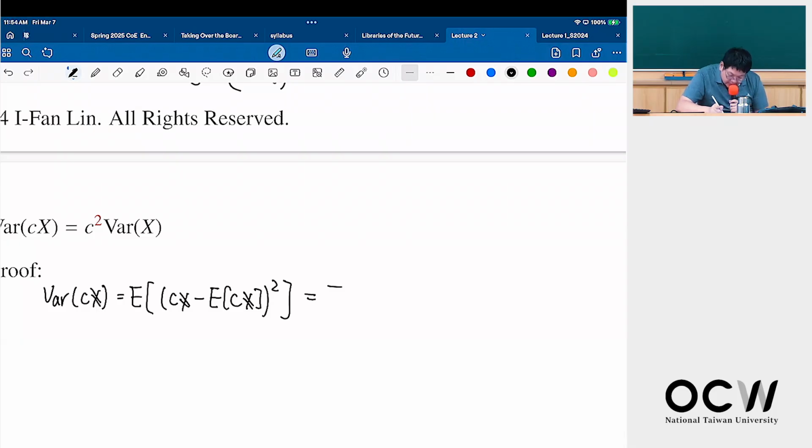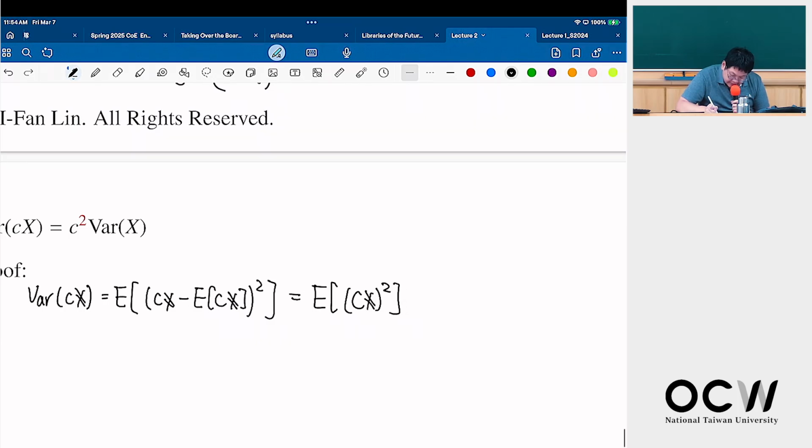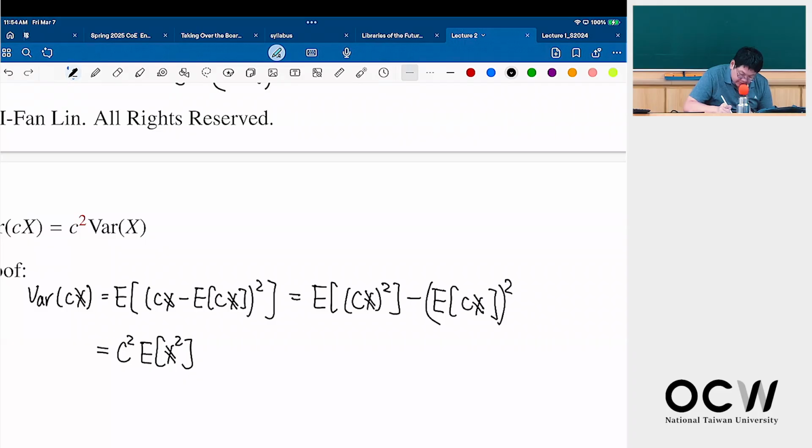You have Cx minus the mean squared. That gives you C squared times the second moment minus C squared times the first moment squared. So that's why you get C squared times the variance.